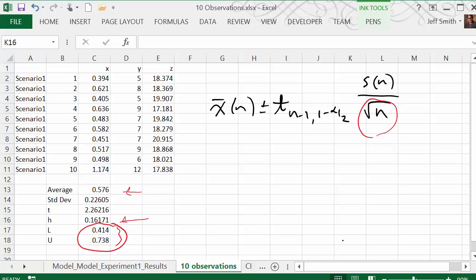The true mean of our distribution x is a number. And so the probability that it's in this interval between L and U is either 0 or 1. In other words, it's either in that interval or it's not. So there's no probability here.